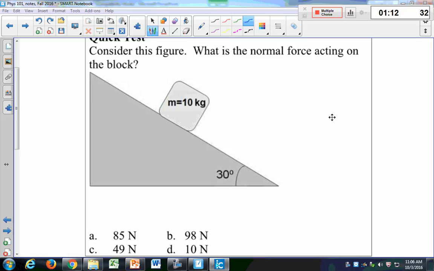You're not going to get an answer that's exactly accurate because, I'm talking about the test, you're using 9.8. So your answer might be just a little bit off.